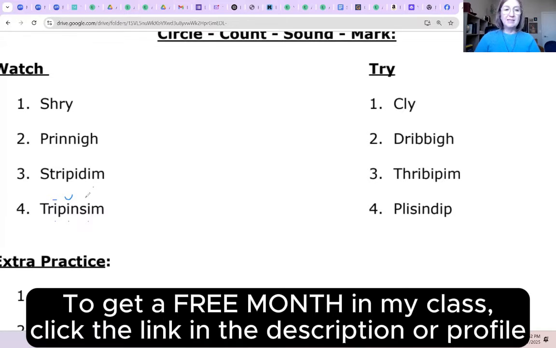And then this I says I because there is not a vowel in the next one or two spots. So our sounds are t, I, p, I, n, s, I, m. Pushing them together, one sound at a time.